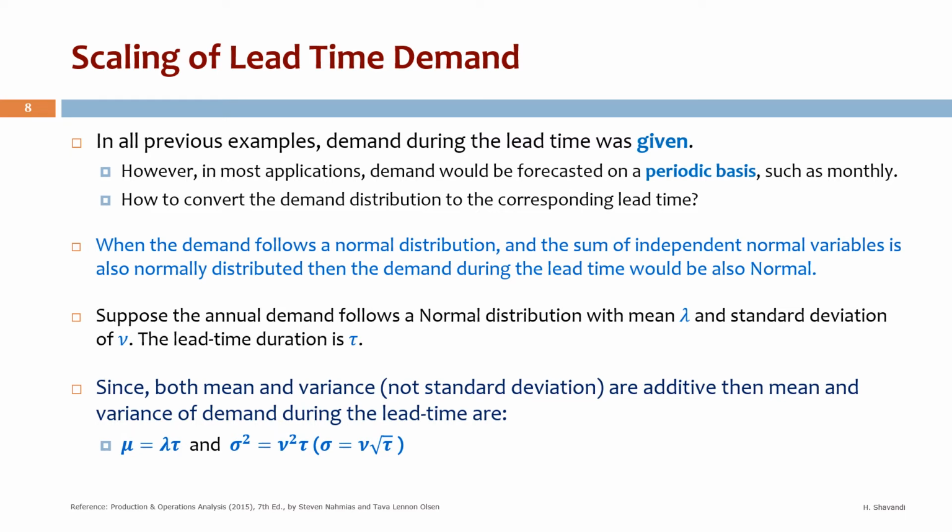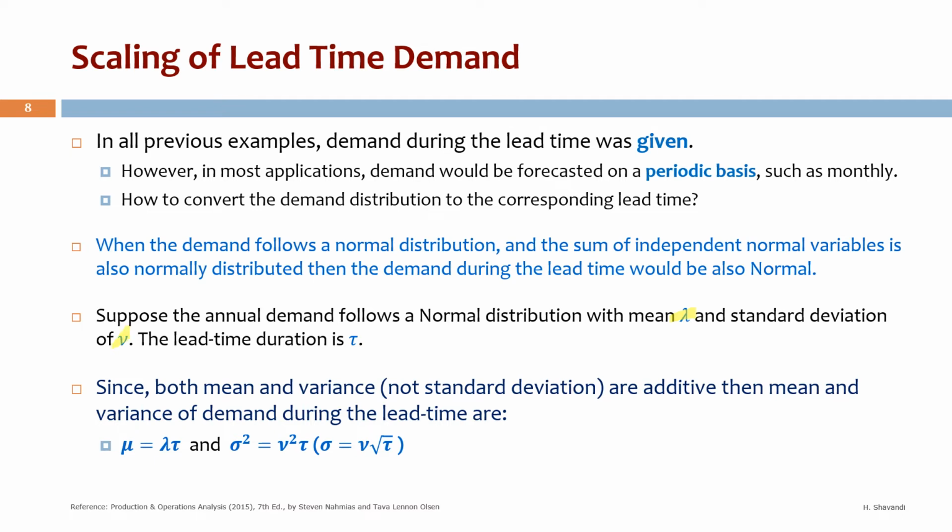Here we assume that the demand on a periodic basis is estimated as a normal distribution, and then we can scale that demand distribution for the lead time period. Let's assume that the demand is normal for that period, let's say a year or a month, and the mean is lambda and the standard deviation is nu.